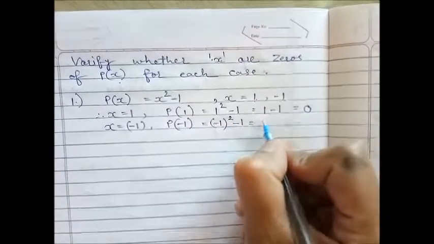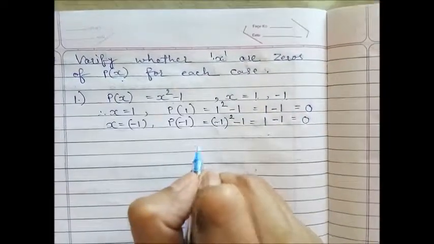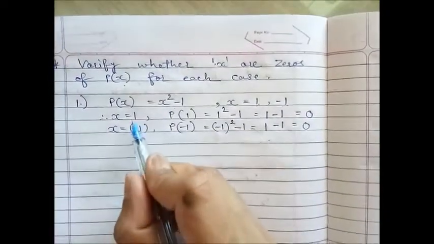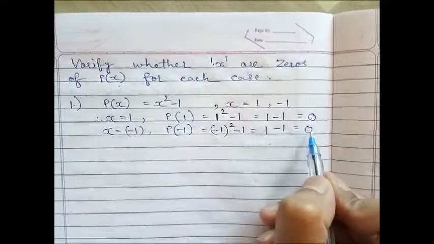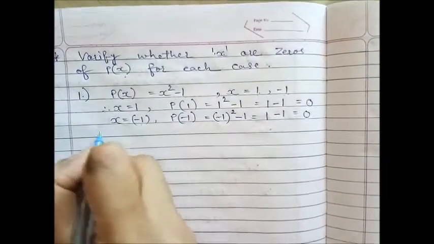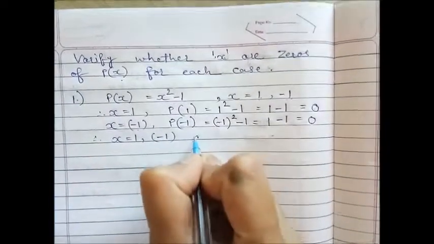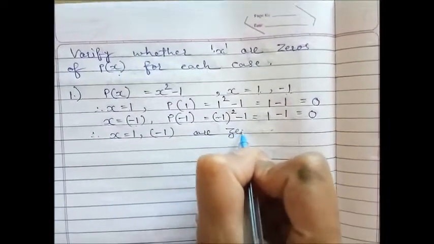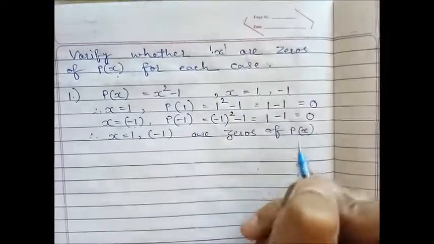Now 1 square, that is 1 minus 1, that is 0, right? Now check properly. For 1 also the answer comes 0, for minus 1 also the answer comes 0. That means x is equal to 1 and minus 1 are zeros of p of x, right?